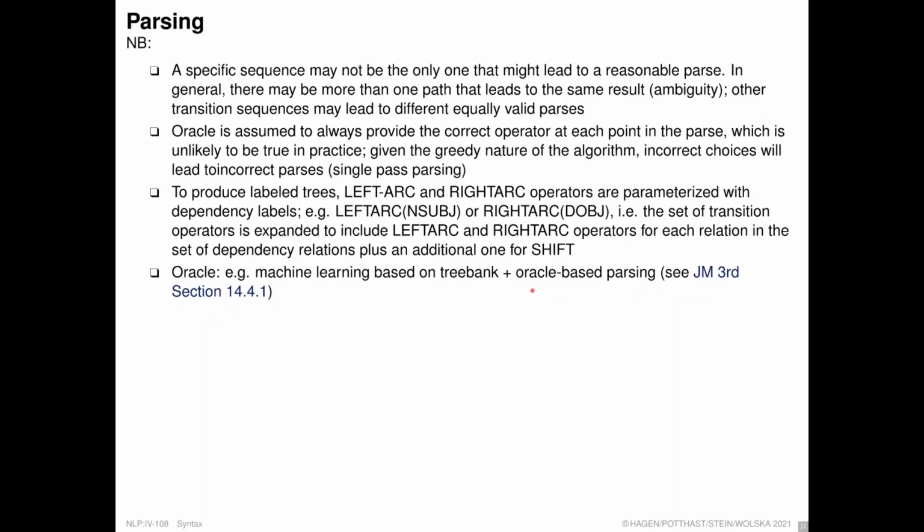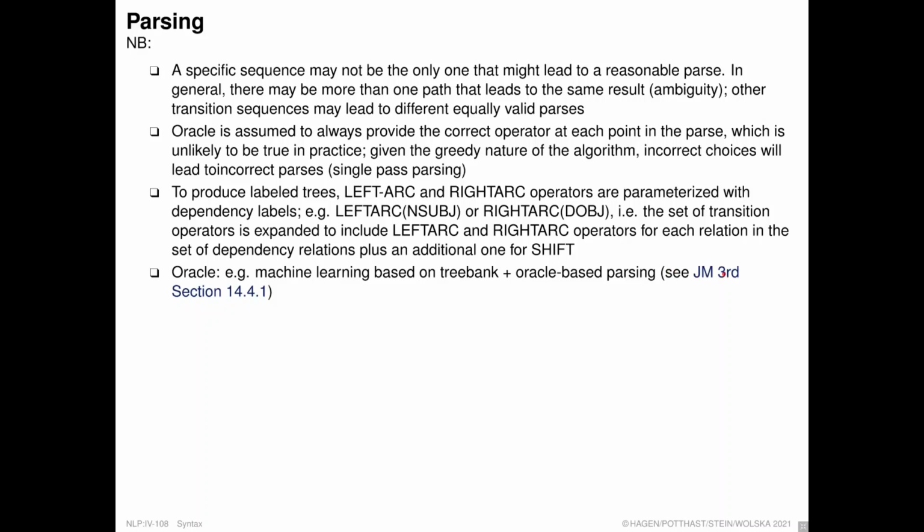So with using machine learning, an oracle can be trained, of course, better or worse. If there are ambiguous trees in the tree bank, this might lead to the oracle not always making optimal decisions, because alternative options will be available. And you can look into details about training the oracle, which you will need for the exercise.